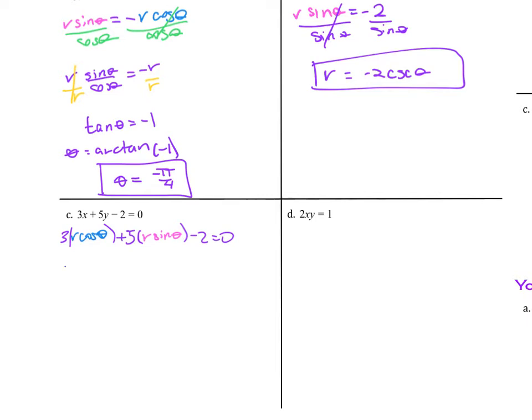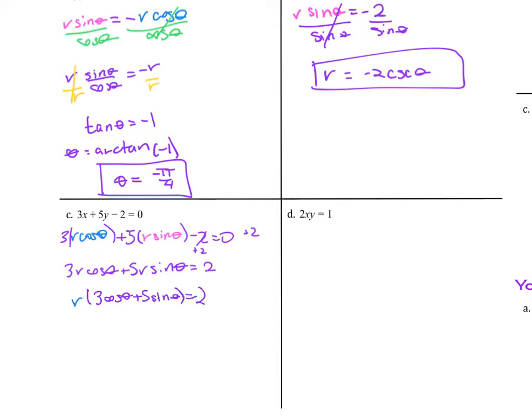So let me rewrite this. So this is 3r cosine theta plus 5r sine of theta. And let's go ahead and add 2 to both sides just to move that to the other side. Then looking at the left side here, notice I have an r and an r, so let's factor that out. So r times 3 cosine theta plus 5 sine of theta equals 2.